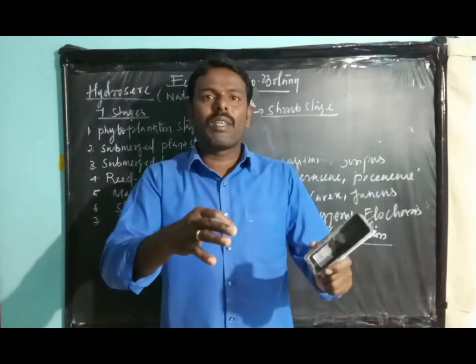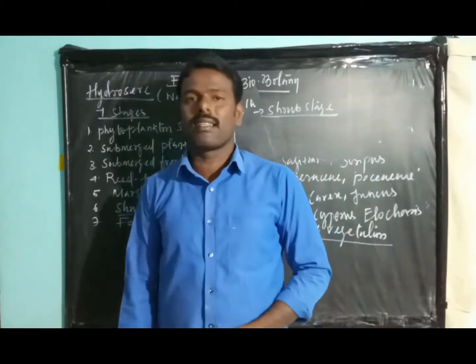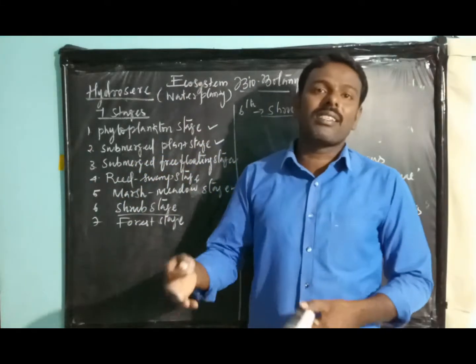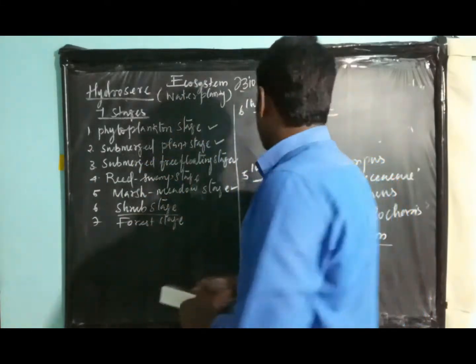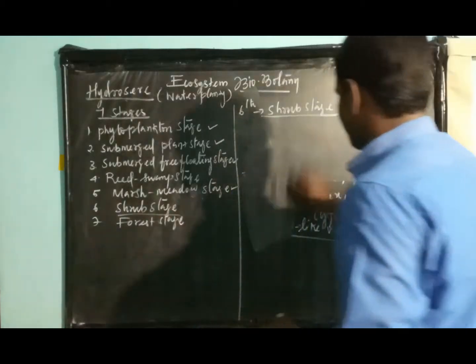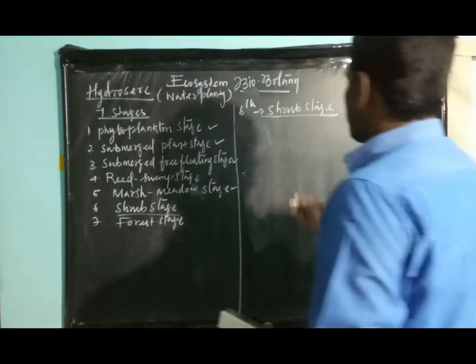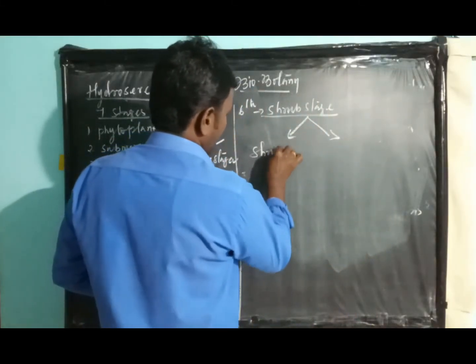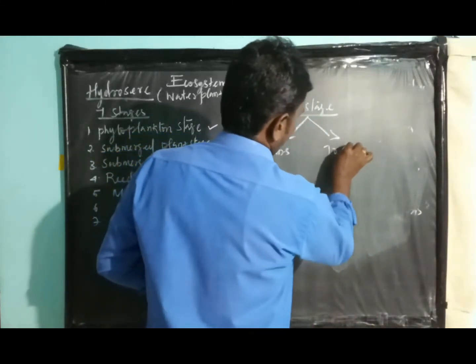Therefore, these kinds of plants die completely. Hence, other kinds of plants originate in this stage, like shrubs and trees. One is shrubs, another is trees.